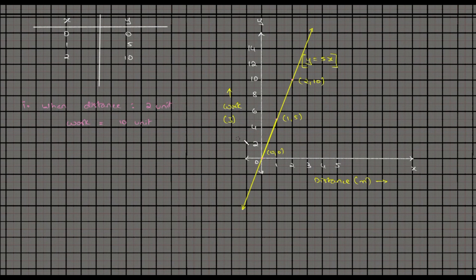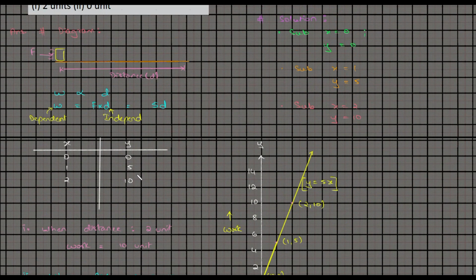They're not writing any joules and all, you guys need not. They're just writing unit. Again, we'll just stick to what the question is. When distance is 0, obviously the work is 0. They're directly proportional, right? 0 unit. And that's your answer.